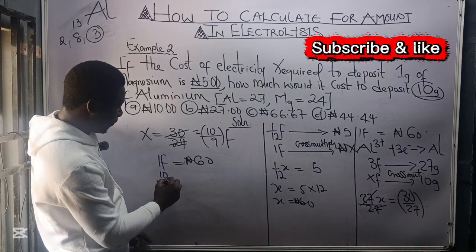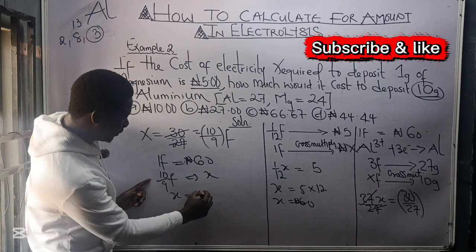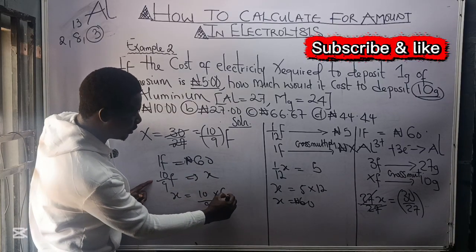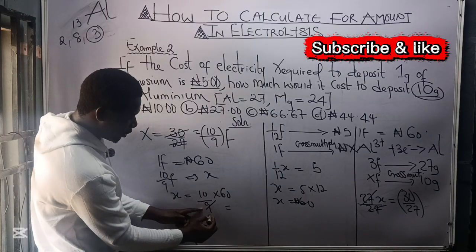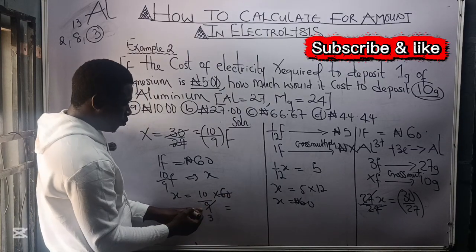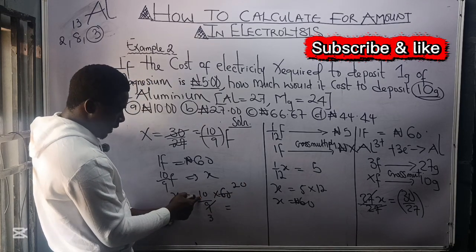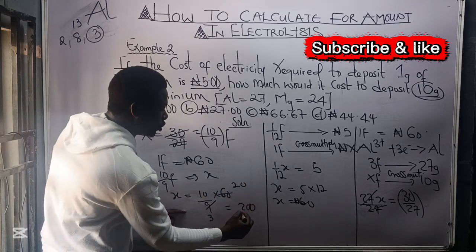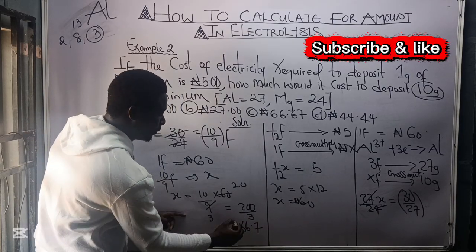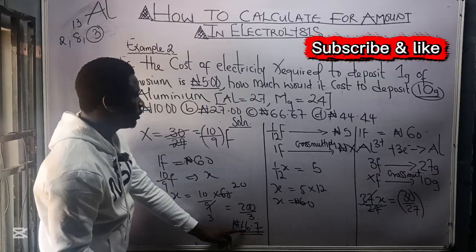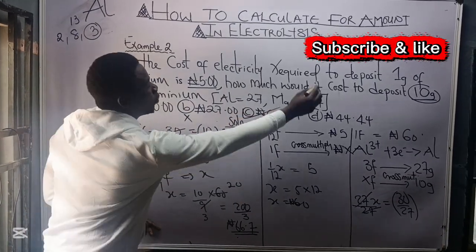Therefore 10 over 9 Faraday will give us X. Simply do this: X will be 10 over 9 times 60. 3 goes into 60 will give us 20, and 3 goes into 9 gives us 3. So you have 10 times 20, 200 over 3. That will give us 66.7 naira. So the answer is not A, it's not B. The answer is C.